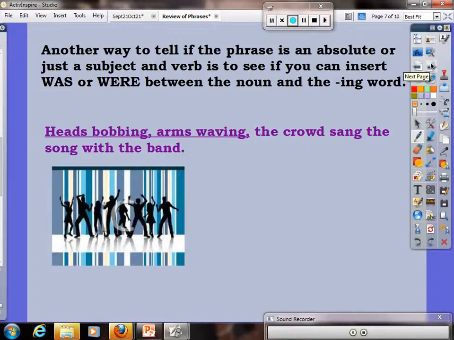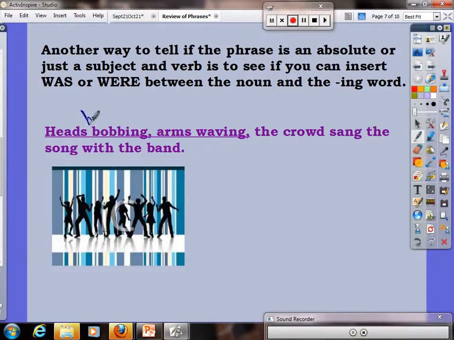Another way to tell if the phrase is an absolute or just a subject and a verb is to see if you can insert the word was or were between the noun and the ing word. Heads bobbing, arms waving, the crowd sang the song with the band. If I put was right here, heads was, that won't work. How about we try heads were?